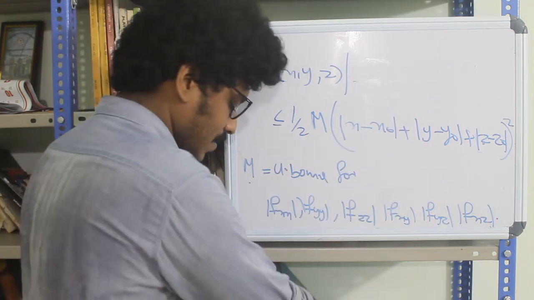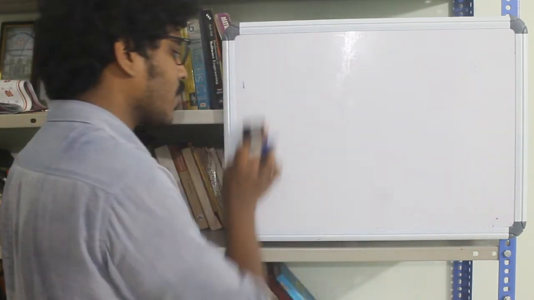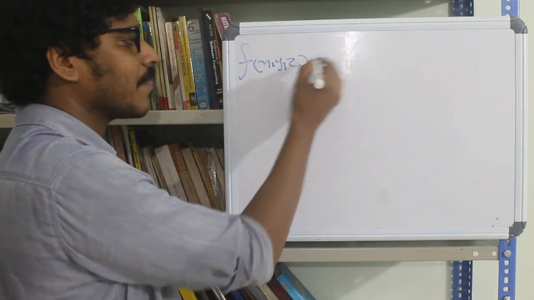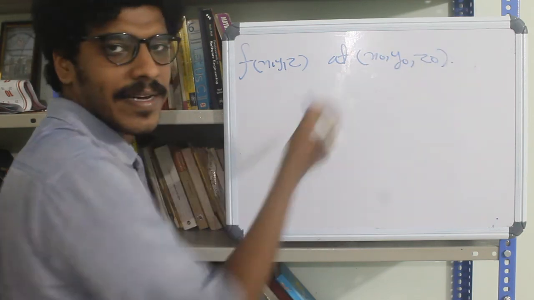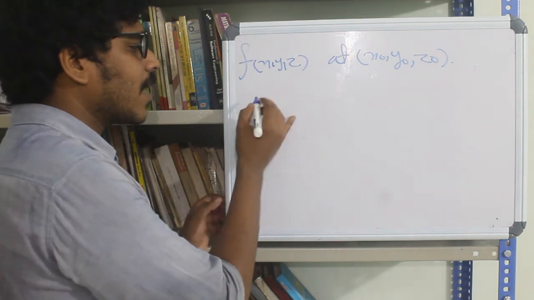Right. Perfect. So let's move to total differential. How does the total differential of a function of three variables, say f of x, y, z at x naught, y naught, z naught, look like? We follow the same fashion. Let's extend the formula.